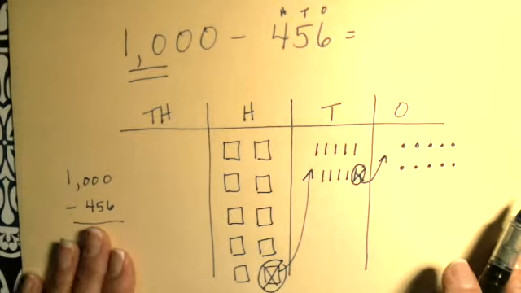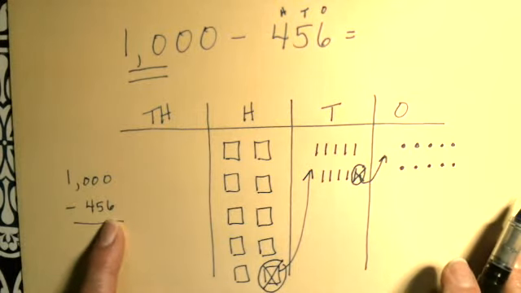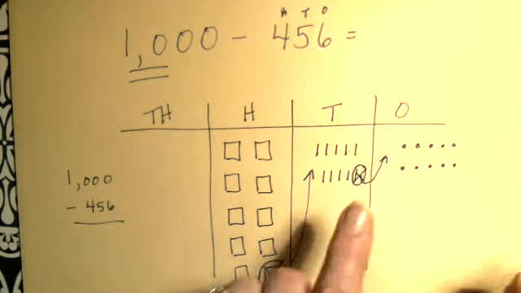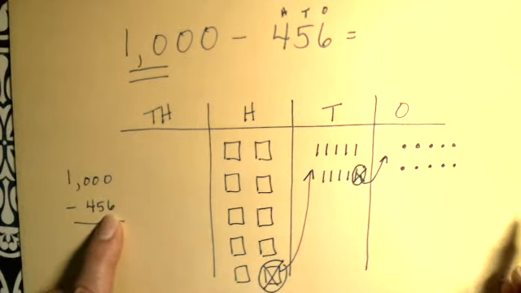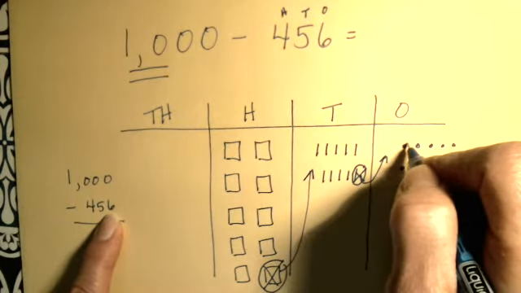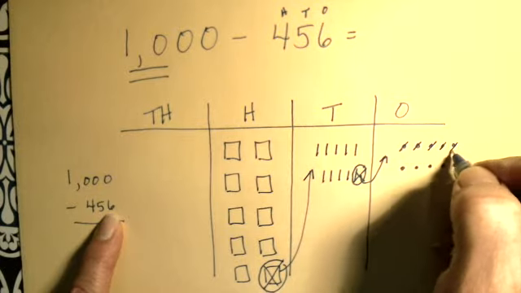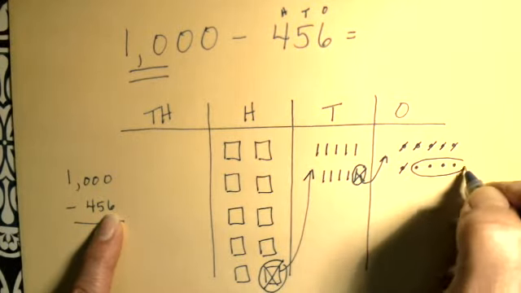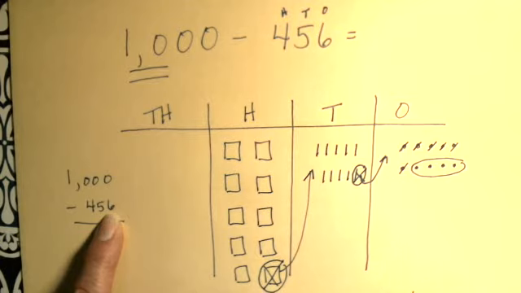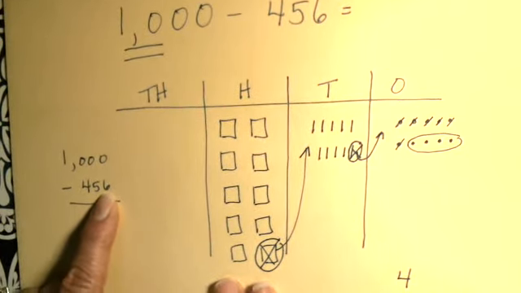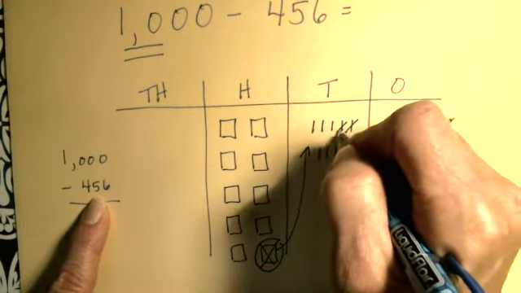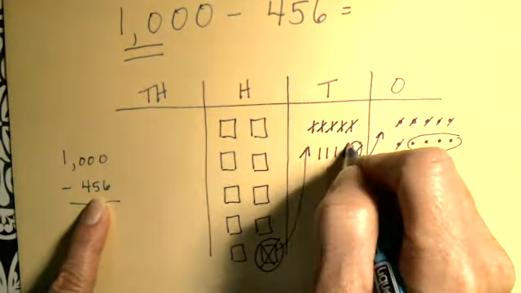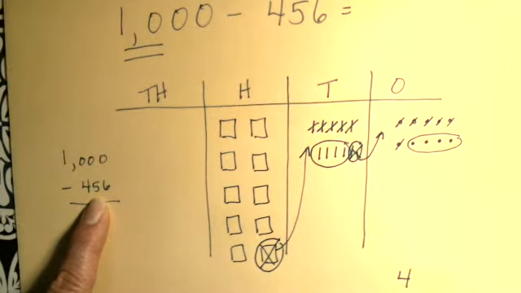So now I can start subtracting. Always start by subtracting from the ones place. I need to take away 6 ones. So I'm just going to cross out 1, 2, 3, 4, 5, 6. And I see that I have 4 left. I need to take away 5 tens: 1, 2, 3, 4, 5. I have 4 left.